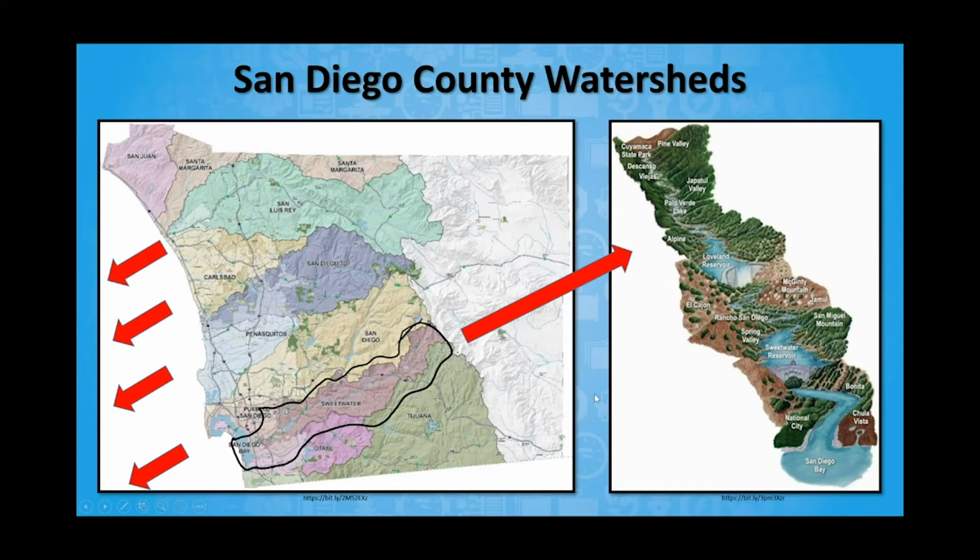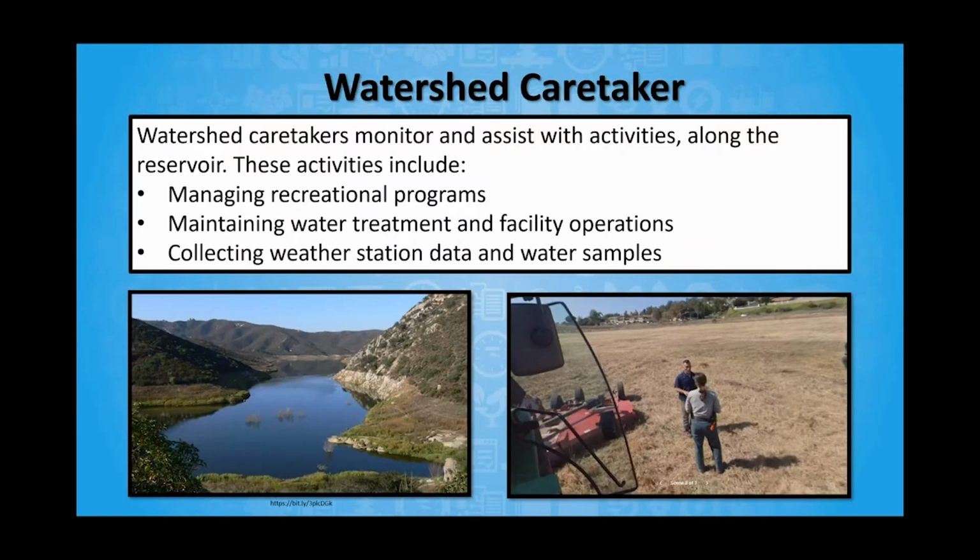So awesome. Thanks for sharing that, Mr. Bruder. Now, what we just did when we made that first model is we were taking on the role of a watershed caretaker. Watershed caretakers are people who monitor and assist with activities or make different decisions along our watershed.